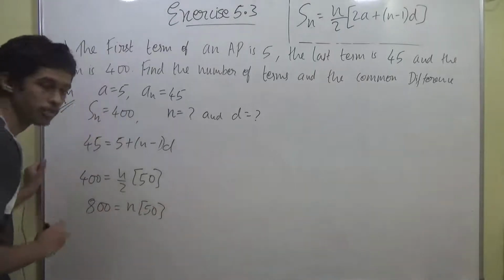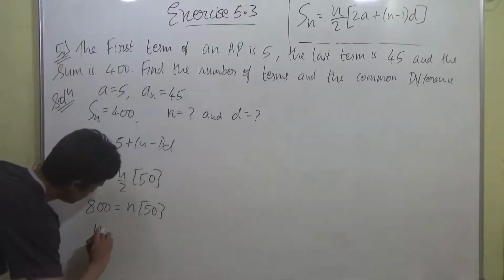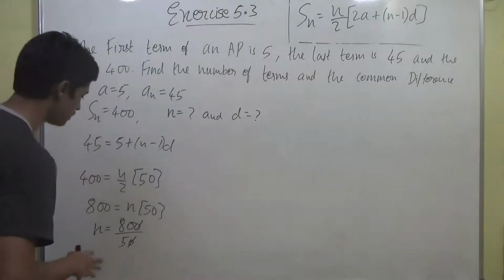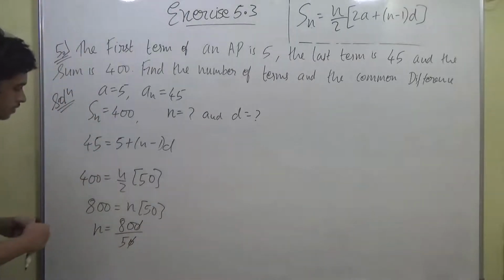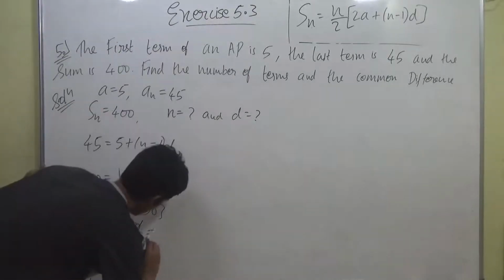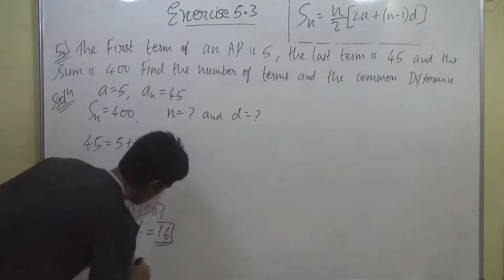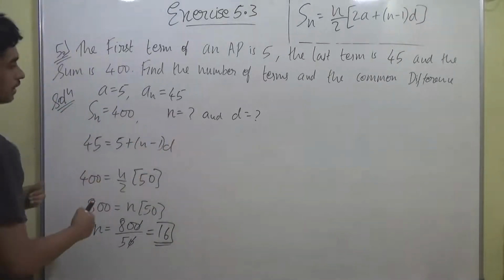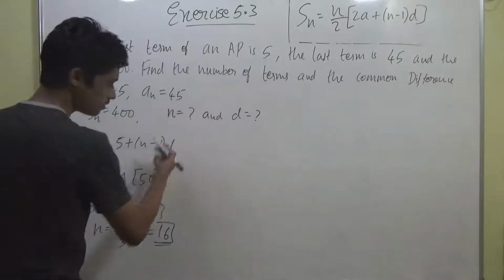Now to find the value of n, n will become equal to 800 by 50. This will be equal to how much? 16, right? Getting it guys? So n equal to 16, which means we got the value of n.